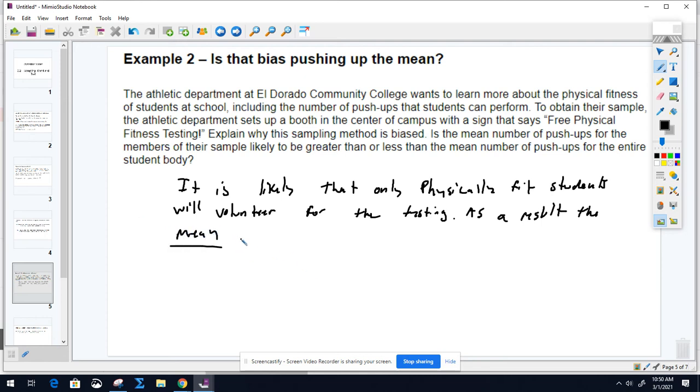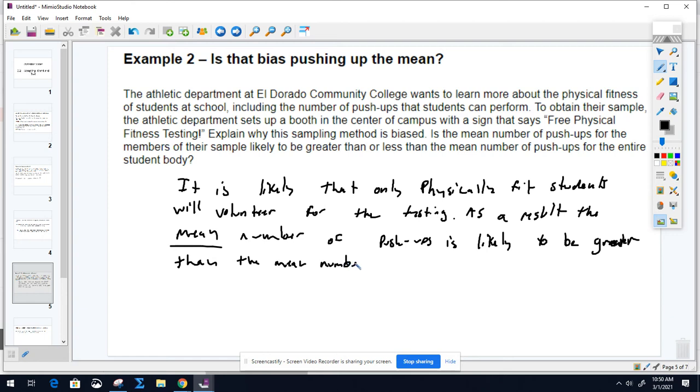The average number of push-ups is likely to be greater than the mean number of push-ups for the entire student body.